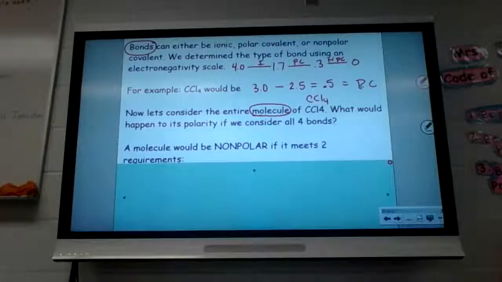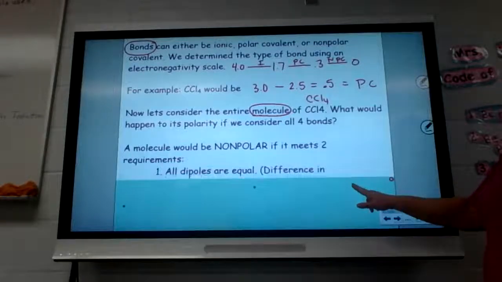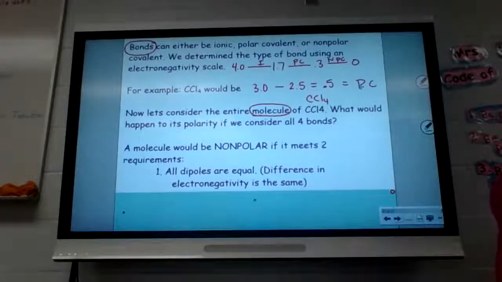So what is the first requirement to be non-polar? The first requirement is all the dipoles are equal. Now, some of y'all are going to be like, I don't know what a dipole is. Yeah, you do. Y'all been working with them for days. A dipole is the difference in the electronegativity. Y'all know when you subtract all those numbers you got yesterday on the quiz? That was a dipole.